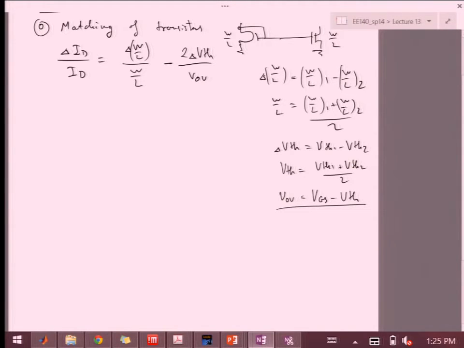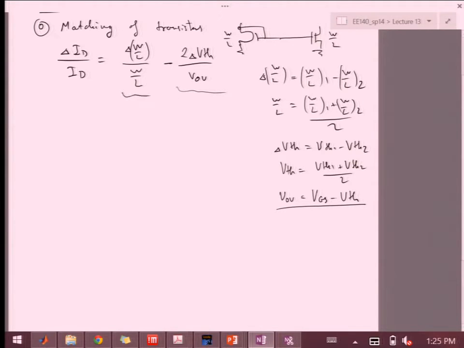What this means is that the effect of threshold variation will increase significantly at lower overdrives. That's intuitive when we write out our quadratic current equations. You see that if your VGS is close to VTH, the impact of that VTH variation is going to be larger on that quadratic, right? So that's really what's happening in this term over here.